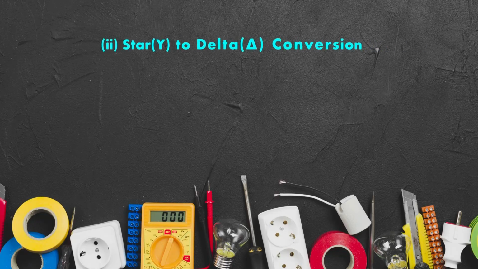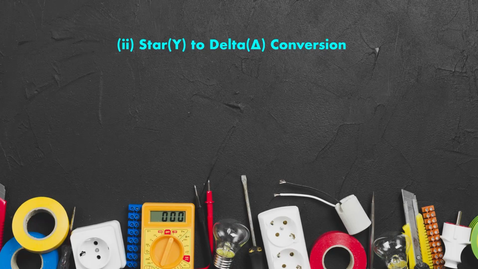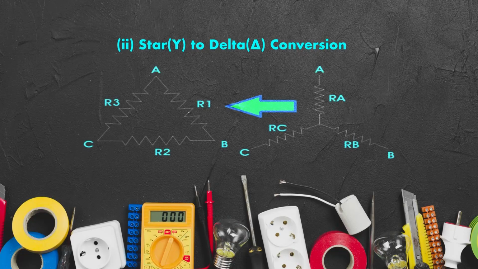Now we have to understand how star connection is converted into delta connection. So here you can see in the diagram there are three resistances in the delta, that is R1, R2, R3. R1 is connected between A and B, R2 is connected between terminal B and C, and R3 is connected between terminal A and C. In case of star connection, RA and RC resistances are connected between terminal A and C, and between terminal A and B, RA and RB are connected, and between terminal C and B, two resistances RC and RB are connected in series.